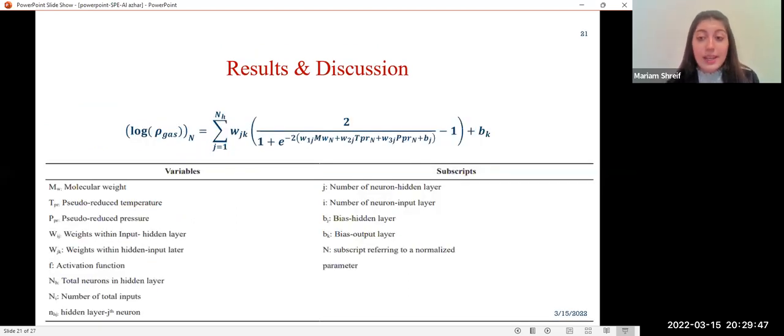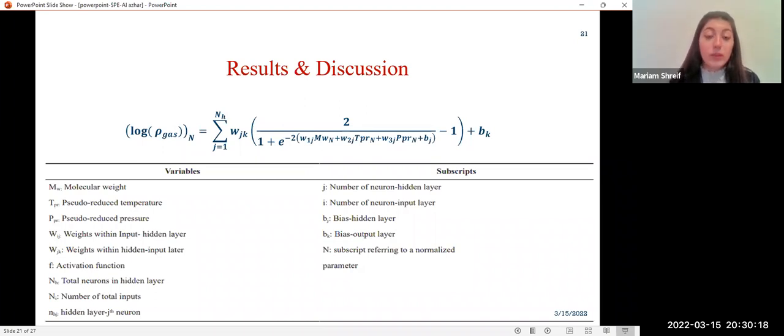So from this ANN model, we were able to extract this equation or this correlation. So we were able to decode the black box behavior of ANN. By black box behavior, I mean that usually ANN algorithms or models do not reveal information regarding the system they are forecasting.